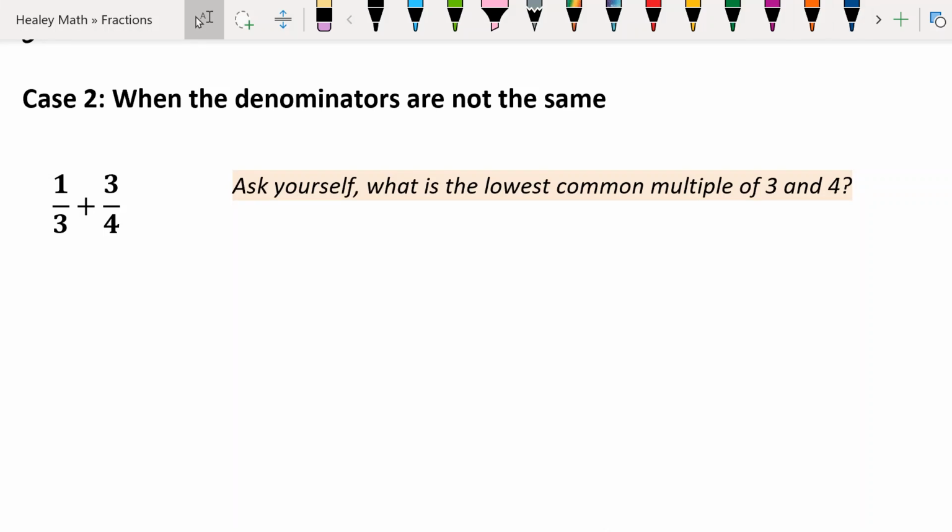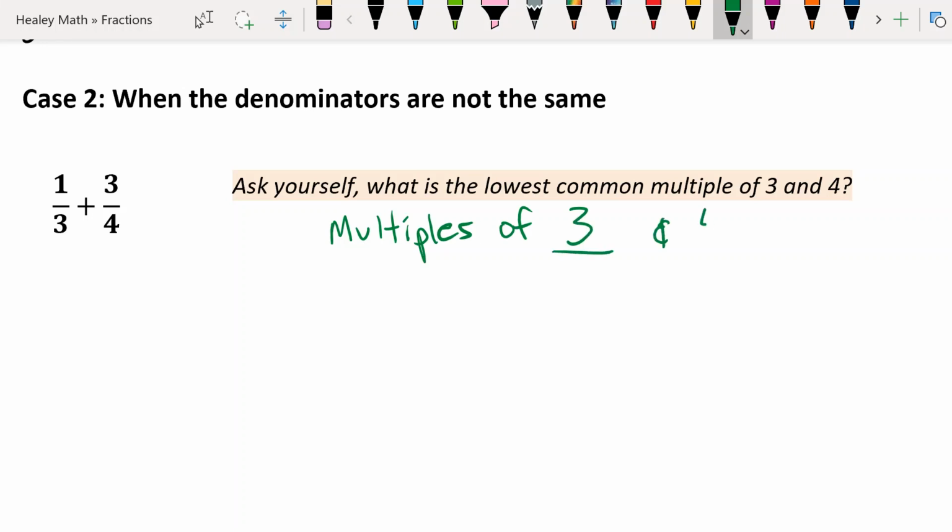And what we mean by that, if we list multiples of 3 and 4, this means we count by 3s. So we have 3, 6, 9, 12, 15, 18, and so on.